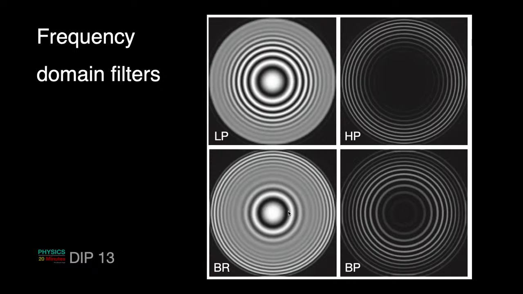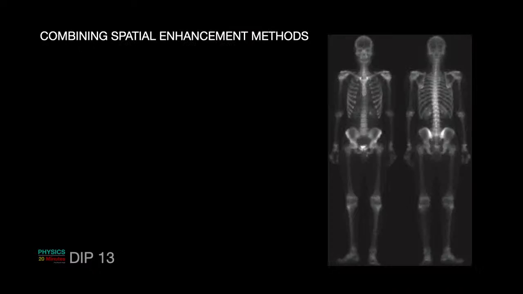Where the inner lines are staying, outer lines are also staying, but the lines in the middle are suppressed. So this is a combination of a low pass and a high pass at different cutoffs. And then this is a band pass filter where the lines towards the center are rejected, lines towards the periphery are rejected, and lines in the middle are carried forward. So these are the impacts of different filters.